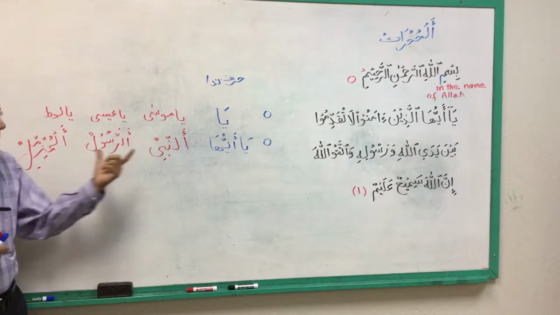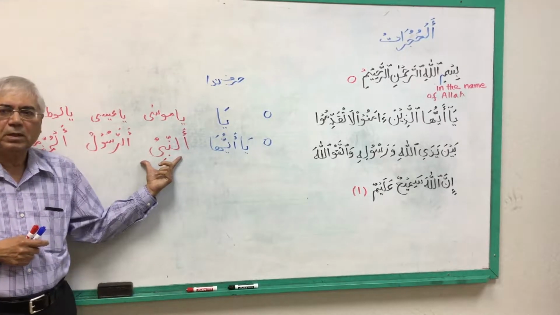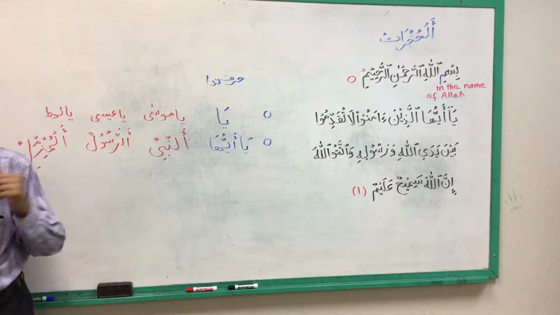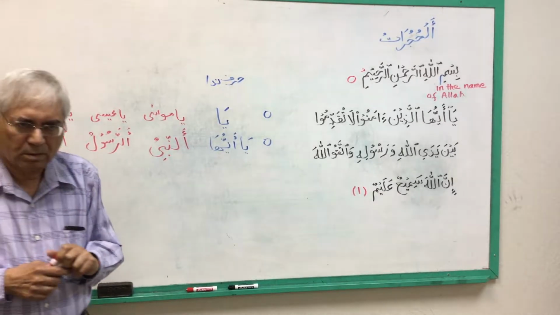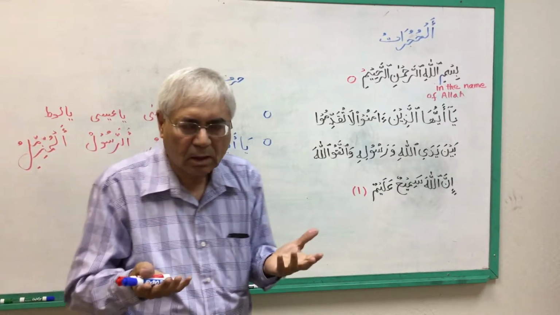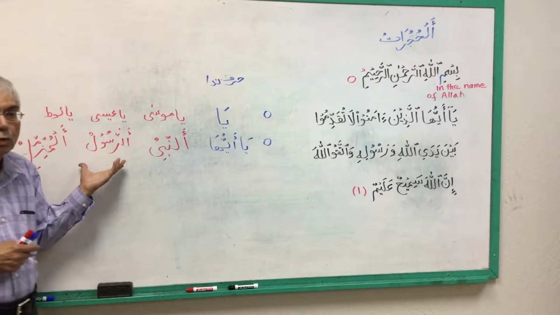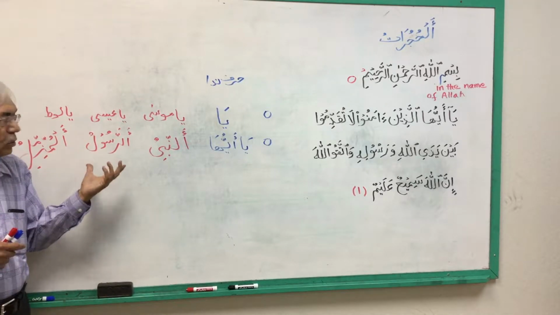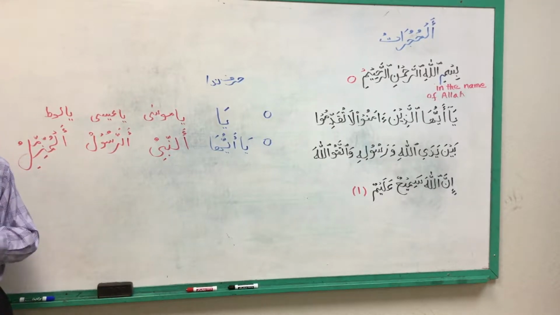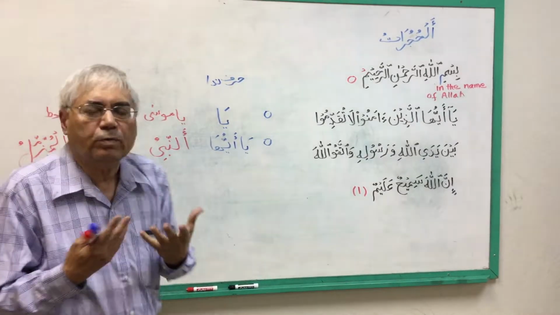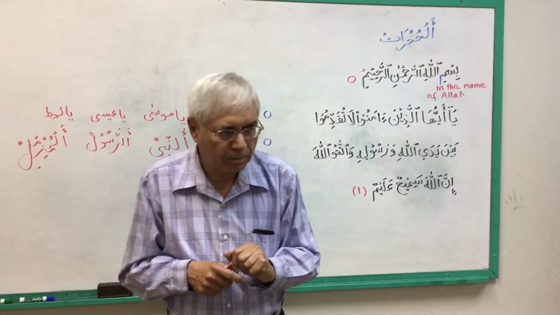Notice these words: these are not names, these are titles. Someone's title is An-Nabi. Someone's title is Ar-Rasul. So when He is calling the people by the title, what is a title? A title is a way of showing respect.